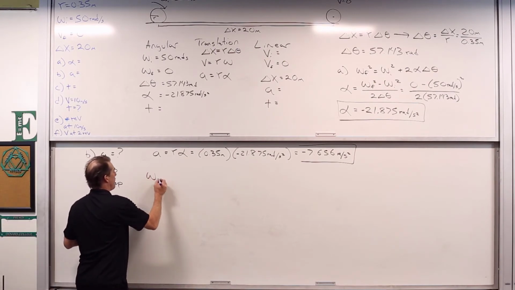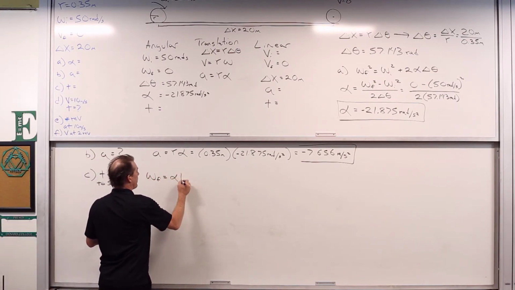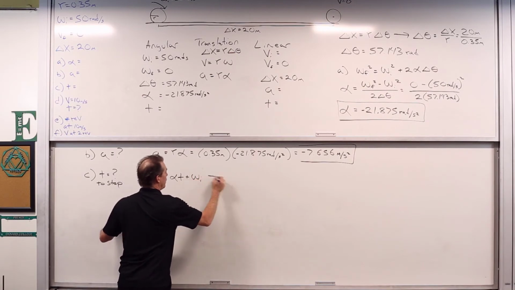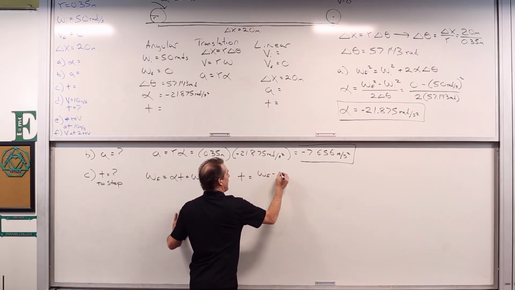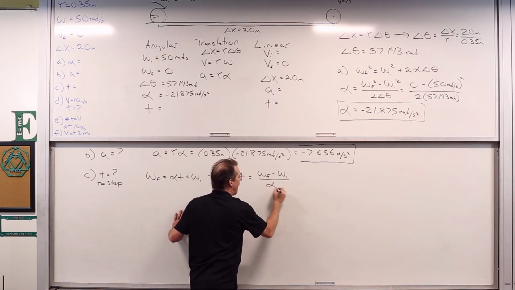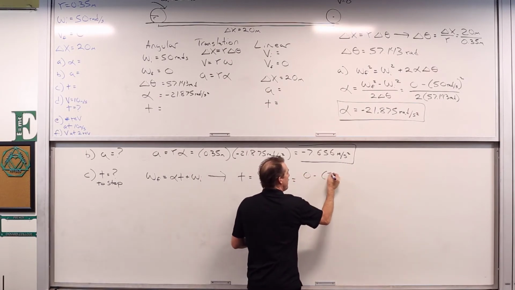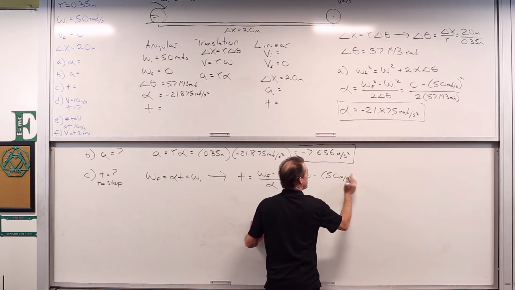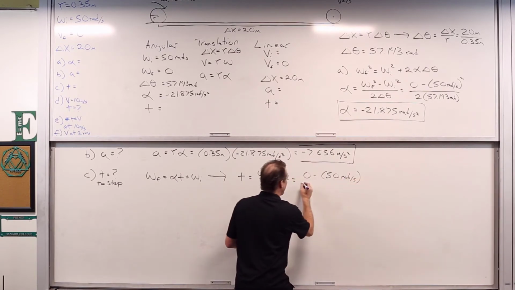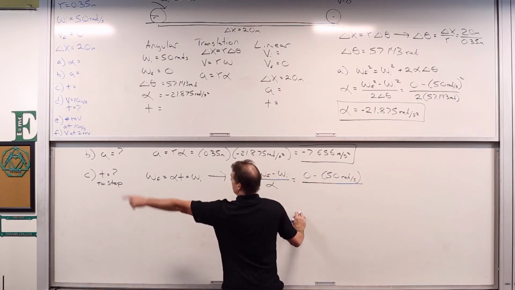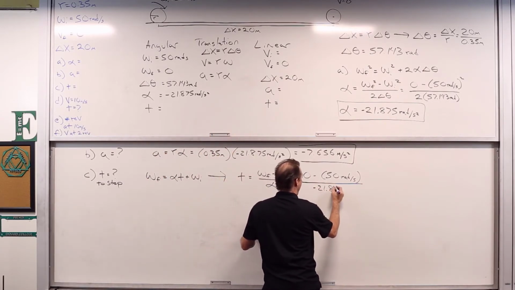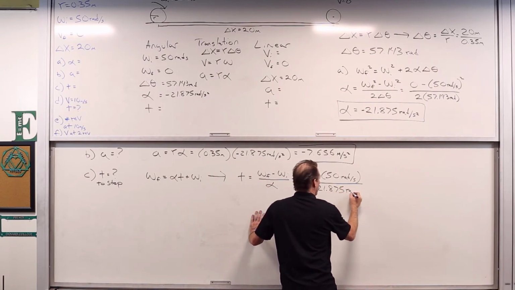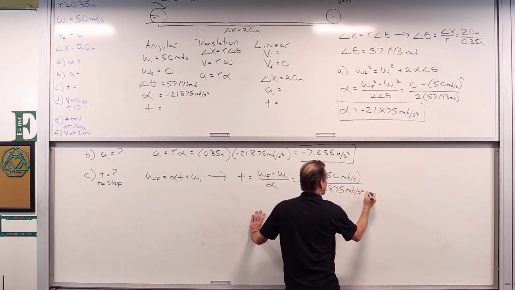Because we've got that omega final is equal to alpha t plus omega initial. We can solve this out for t being equal to omega final minus omega initial divided by alpha, which is 0 minus the quantity of 50 radians per second, divided by negative 21.875 radians per second squared.